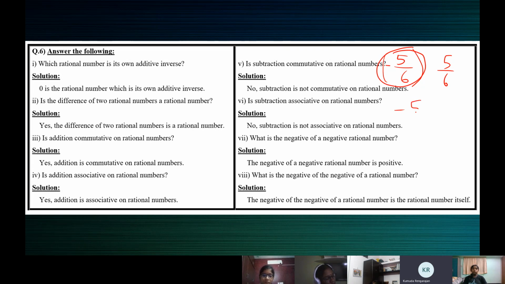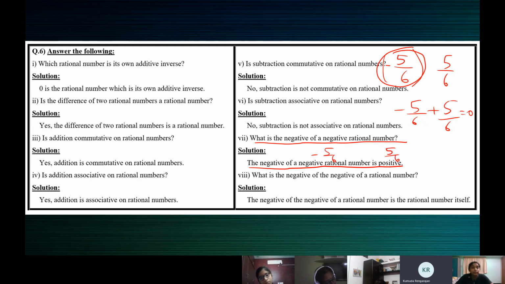Why? Because minus 5 by 6 plus 5 by 6 is 0. So the answer to this question, what is the negative of a negative rational number? The negative of a negative rational number is positive, meaning the negative of minus 5 by 6 is plus 5 by 6, which is positive. That's the answer for the 7th one.